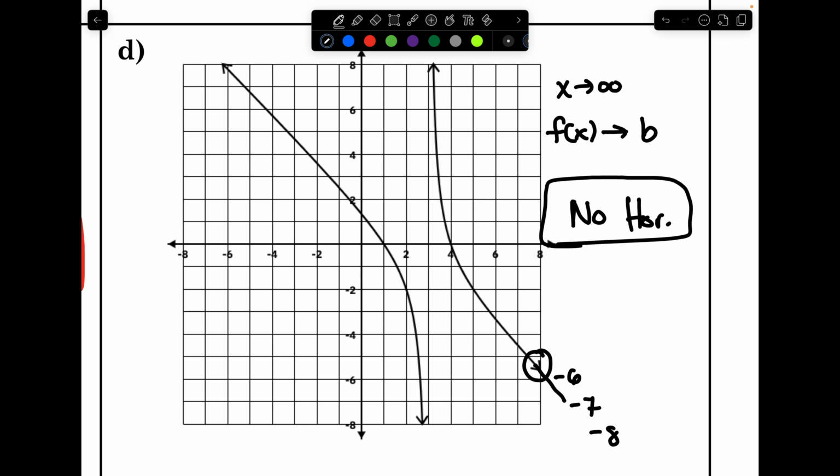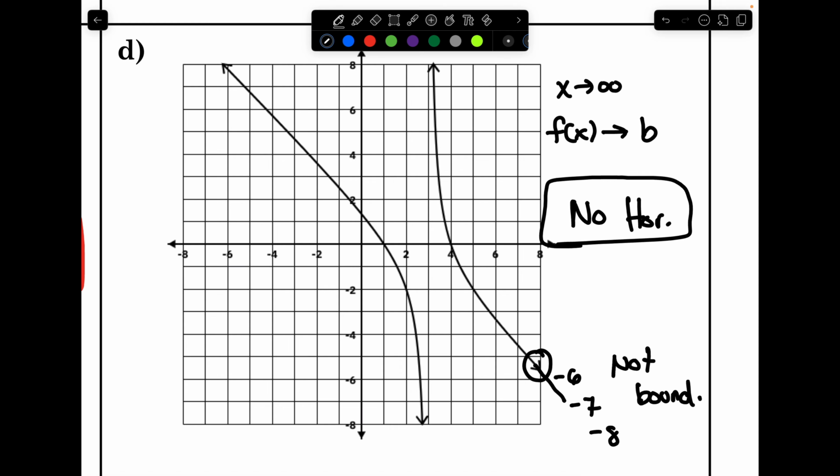In order for a rational function to have a horizontal asymptote, the end behavior has to level off. It has to be bounded by some horizontal line. This end right here is not bounded. It's going to keep on decreasing, and as a result there is no horizontal asymptote.